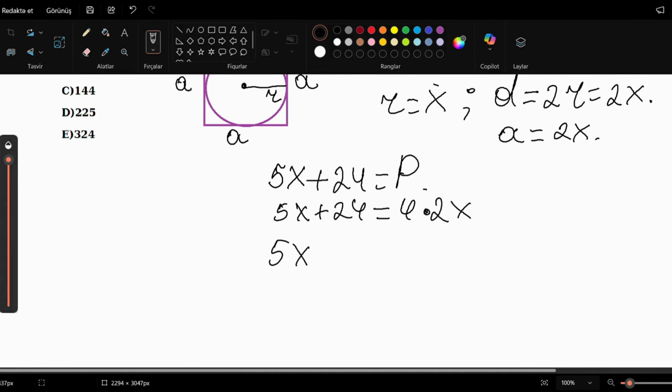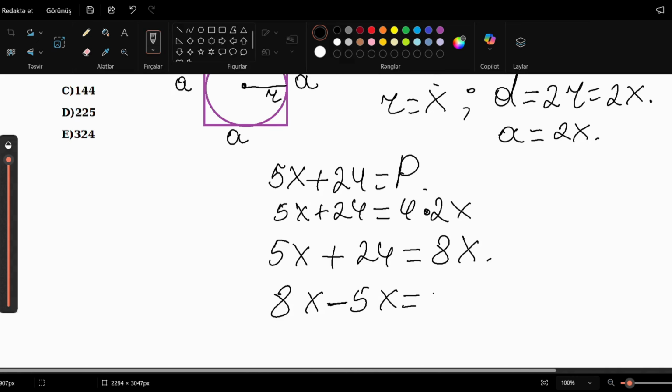5 times x. Add 24 equal 8x. 5x equal... 24. 3 times x equal 24. X equal 8.